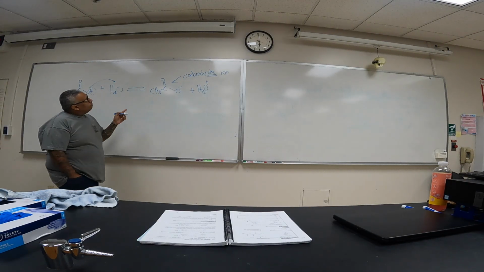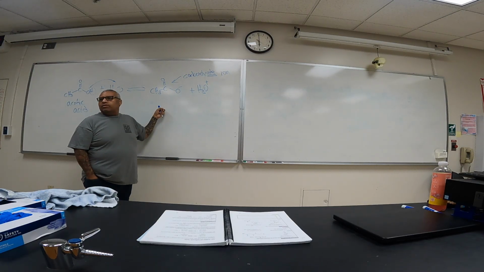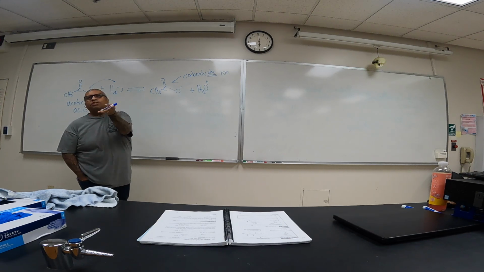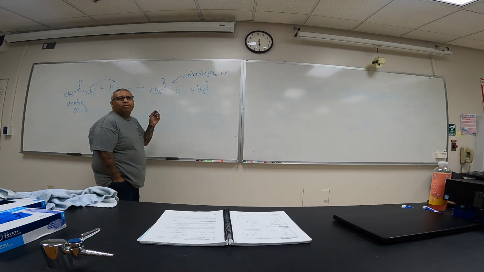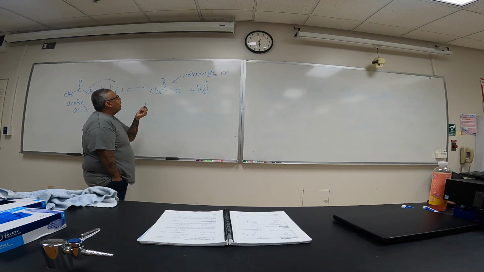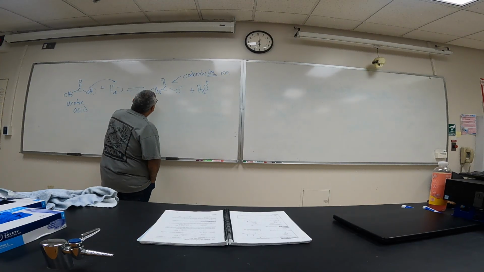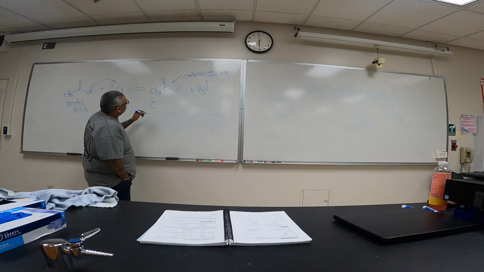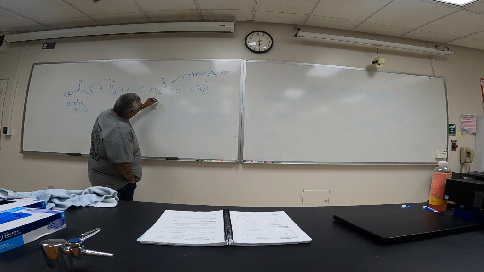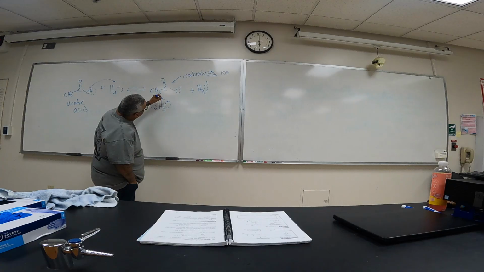Now, can someone give me the name of this? What is this here? Everybody should know this. You know this, you just don't know that you know this. I'm going to rewrite this for everybody, and then you're going to be like, oh, I got it. Ready? How many carbons are here? How many hydrogens? And how many oxygens?